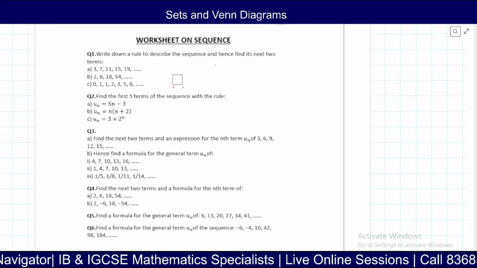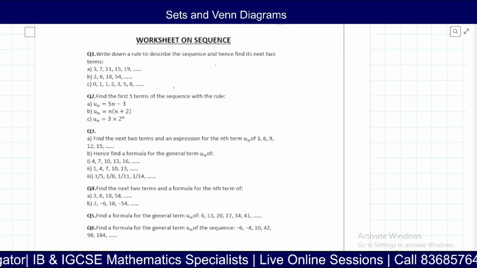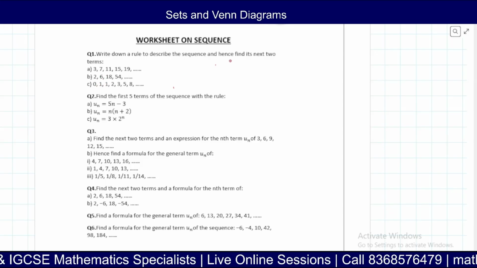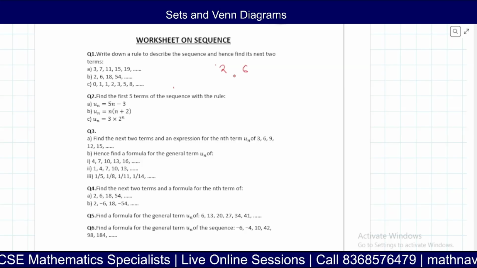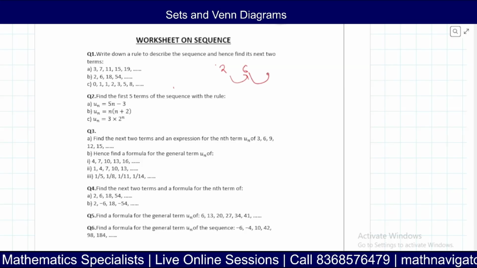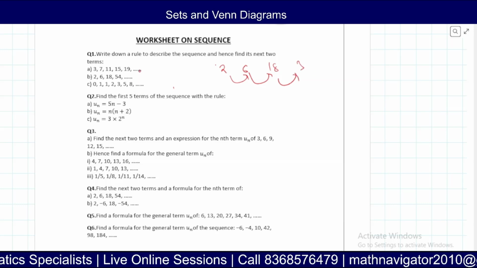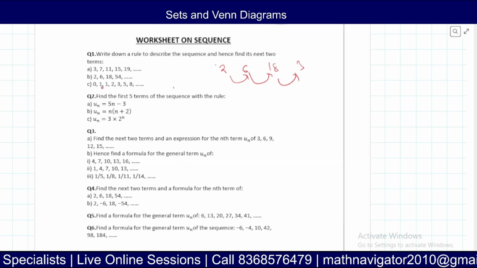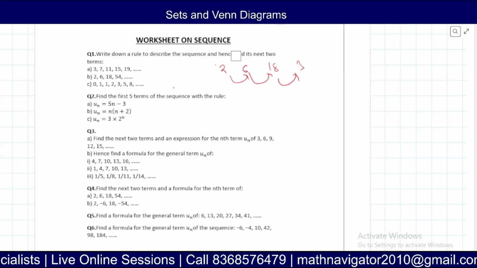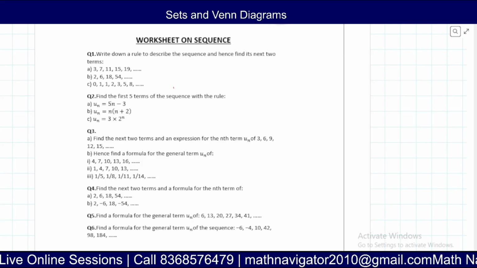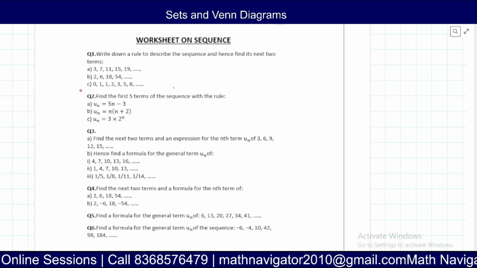Now let's talk about the second one: 2, 6, 18, 54. In this, I'm multiplying by 3. So 2 times 3, 6 times 3, 18 times 3. So this is a geometric sequence. And what about the third one? The first term is 0, fine.